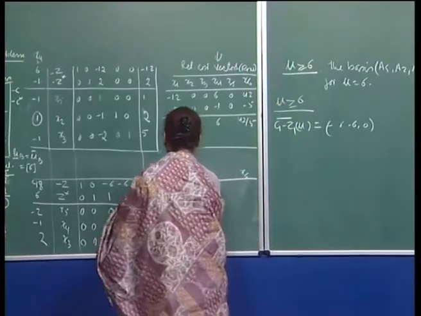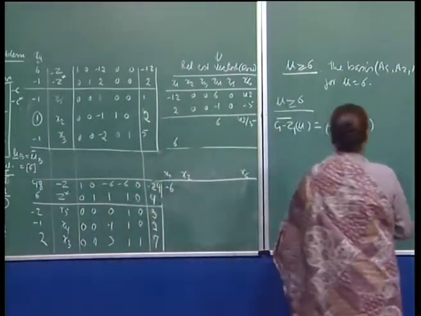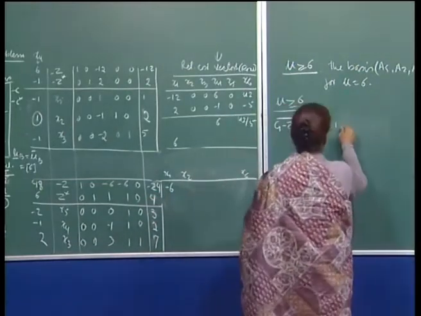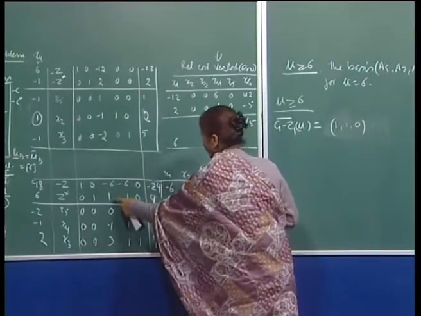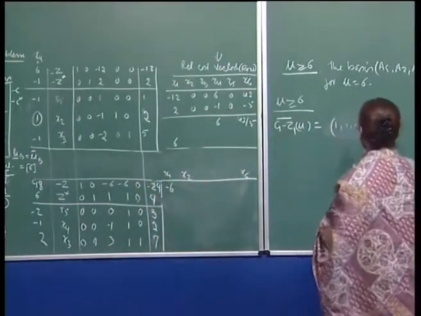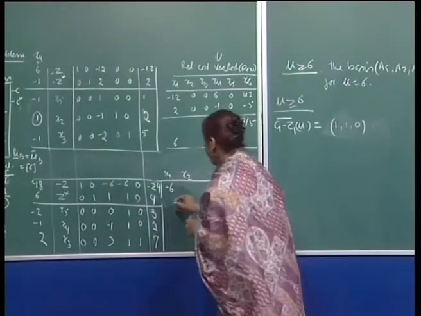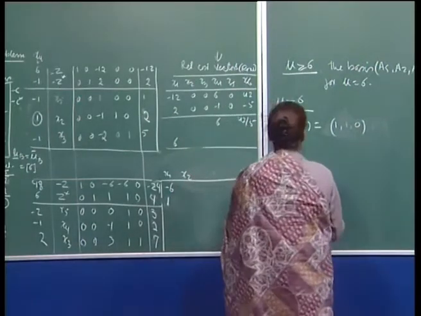And what is your other vector? The other vector is from here 1 1 0. Remember, this is in the form minus CBB inverse. So I don't need to do anything here. So 1 1 0 and then again 1 1 1 0 0. So that's 1. So this will be 1. Okay. Fine. Then for x2.